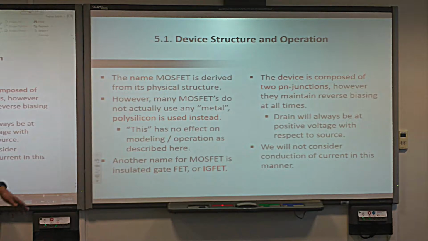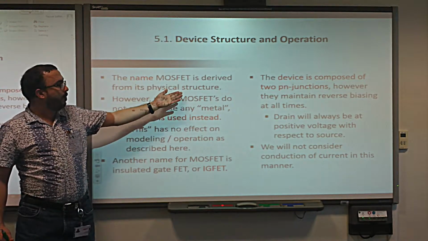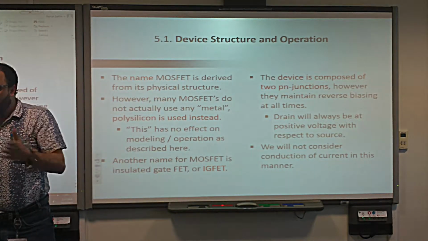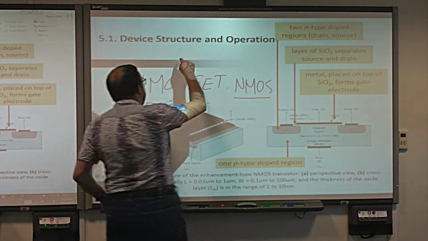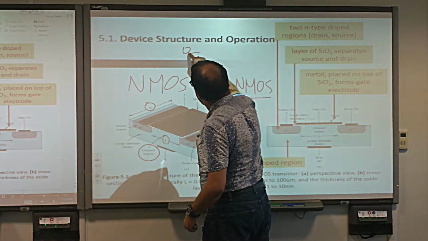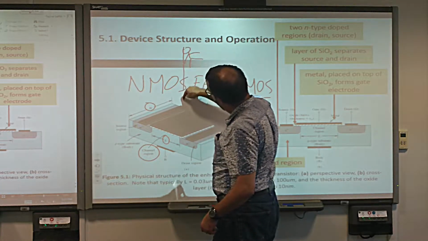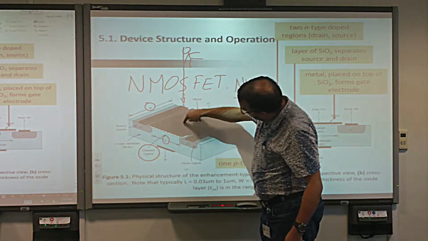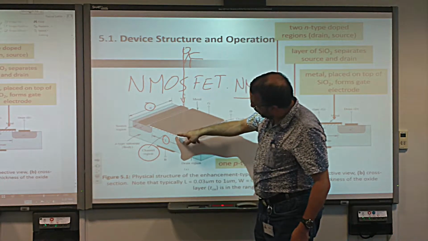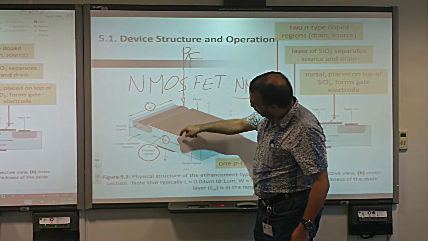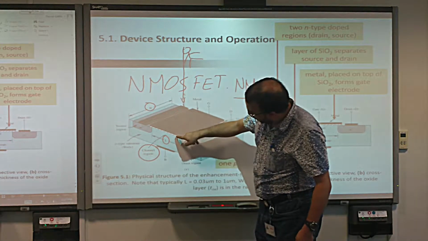So the name of the MOSFET is derived from the physical structure. Why? Because basically, if you imagine yourself looking in this direction, when you look here, you find first, what do you find? Metal, so M. And then after that, what do you find? The oxide, O. And then what do you find next?